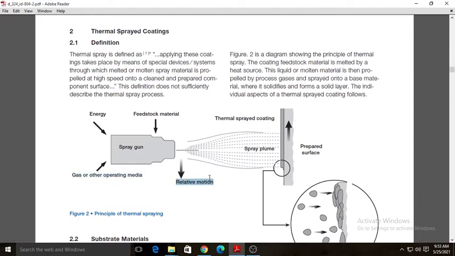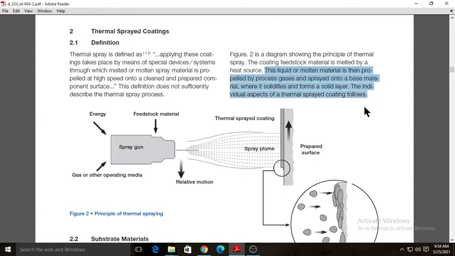Then this is the relative motion. Means by using this we are going to blast this material on the prepared surface. This liquid or molten material is then propelled by the process gases and sprayed onto a base material where it solidifies and forms a solid layer.